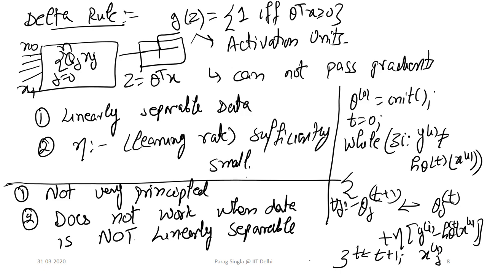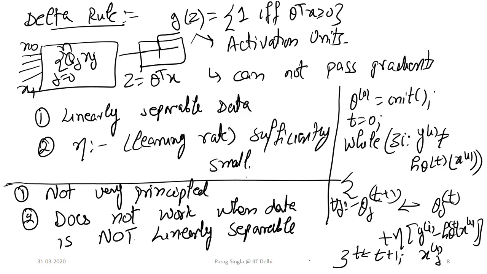So one issue, as I already pointed out, with this particular activation unit is that it is not differentiable. And not only that, there is a problem because if we try to pass the gradient through this, then the gradient is zero at every point other than at z equal to 0, where it is not defined. So this particular activation unit cannot pass gradients. Why?